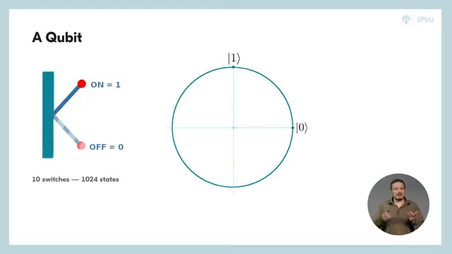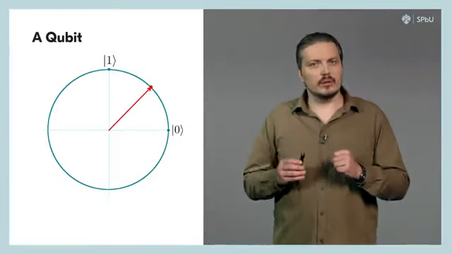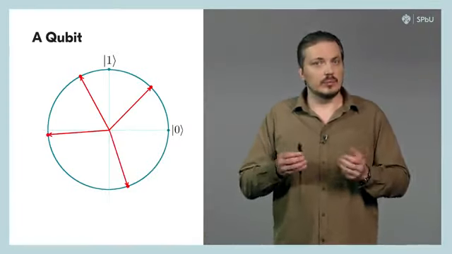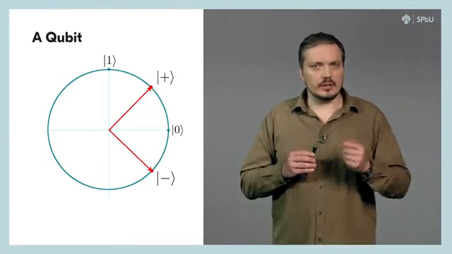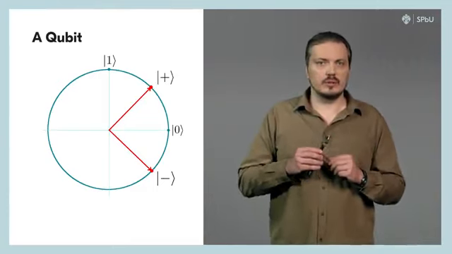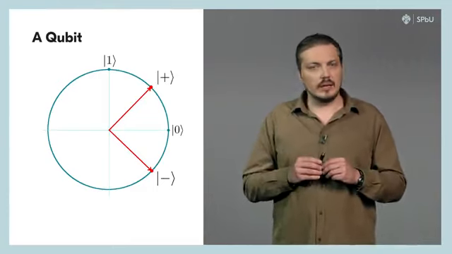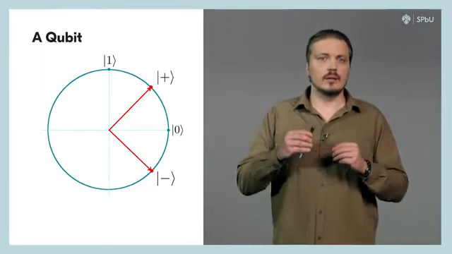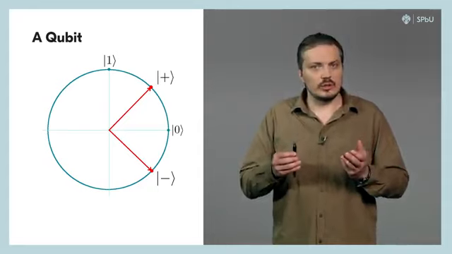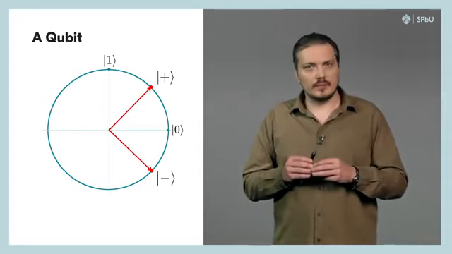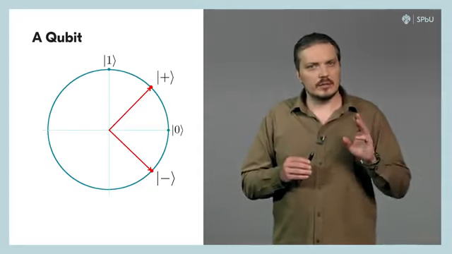But it can have many other states for which we don't have analogs in a classical bit. Any point on the circle can be the qubit value. And in the basic quantum algorithms, we are particularly interested in these two states, which we denote plus and minus. The state plus, for example, represents for us a superposition of 1 and 0 states. We'll talk about this superposition later.